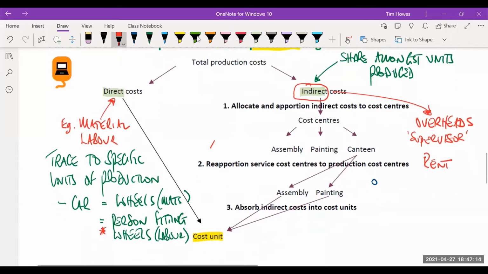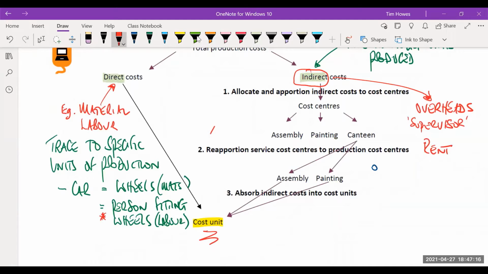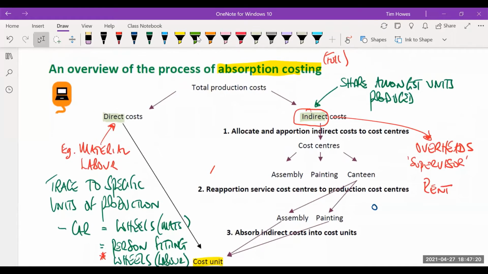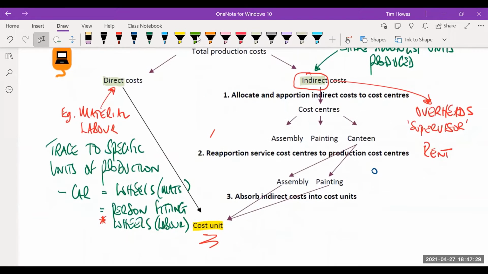We want to get them into the cost of this thing at the end of the day. There's another system, marginal costing, that doesn't do it like that, and that's in a later unit. But this one is all about making sure that we have all of the costs considered.